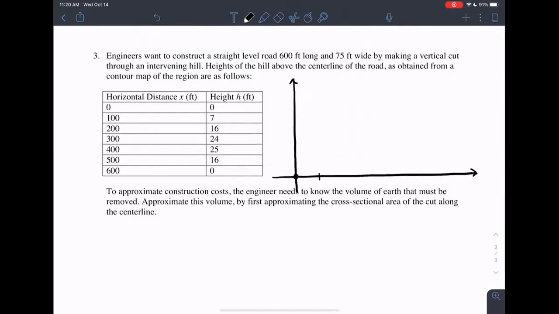At 100 feet, so our scaling is 100, 200, 300, 400, 500, 600. Just draw a nice little graph of what's going on here. And what's our largest height? Our largest height is 25. So I'm going to go 5, 10, 15, 20, 25.